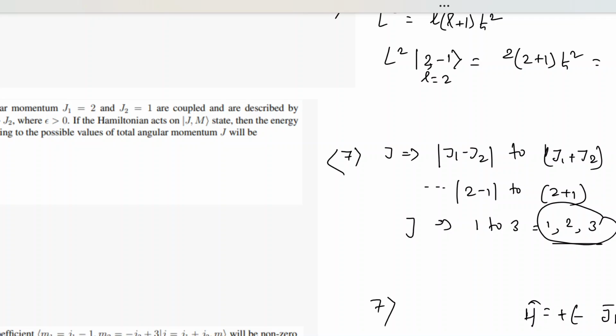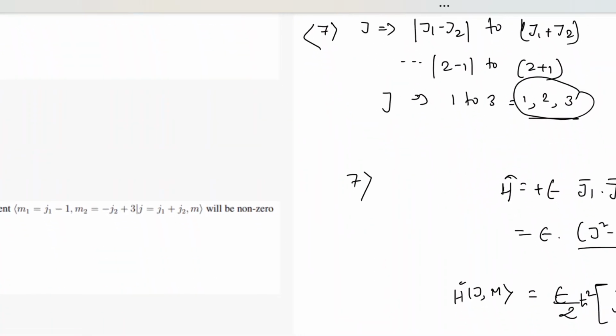So this is epsilon by 2 common, and J squared on J, m is J into J plus 1, ħ squared is taken as common, minus J1 into J1 plus 1 minus J2 into J2 plus 1.